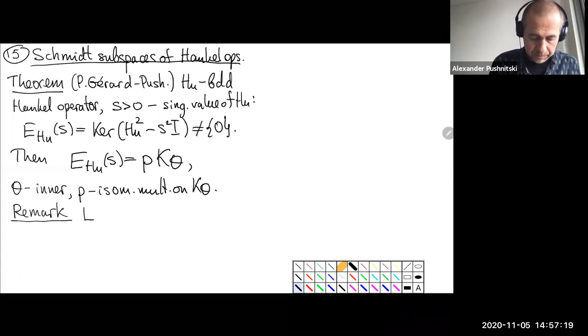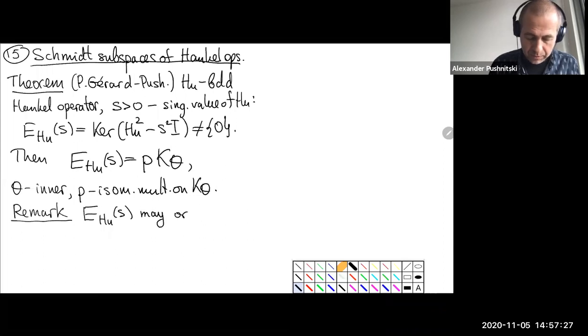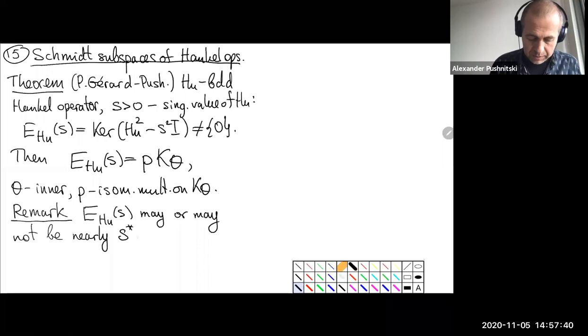So these Schmidt subspaces may or may not be nearly S star invariant.